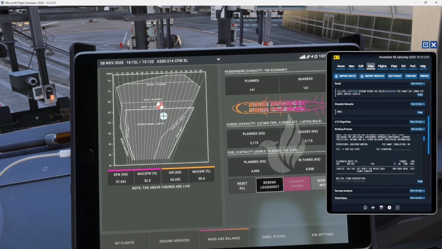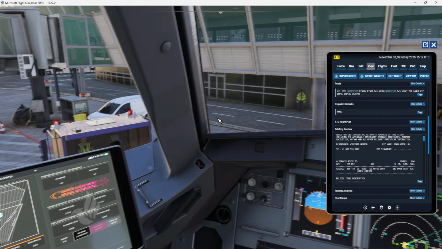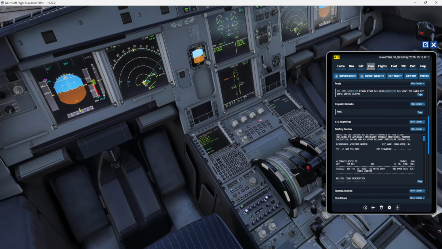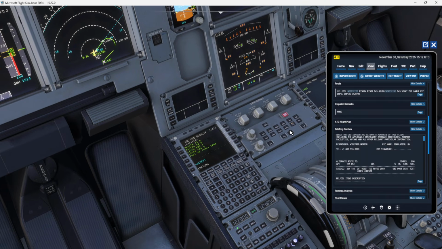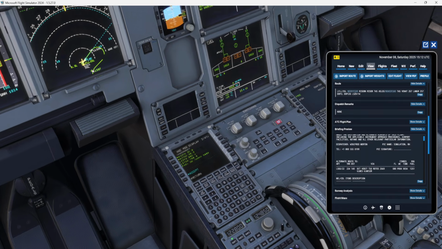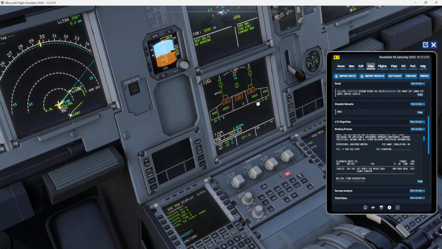Also, another point that I want to mention is here in the fuel. Where is the fuel? Yeah, here. So always the A320 consumes fuel first from the center tank. So if you have a full tank, for example, it starts with the center tank, not the wing, and then it goes to the wing, okay.